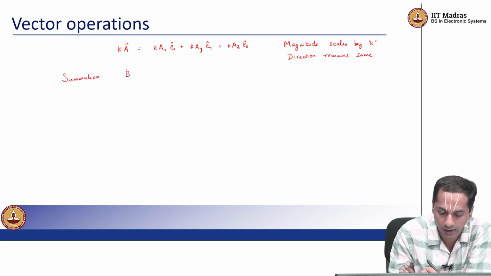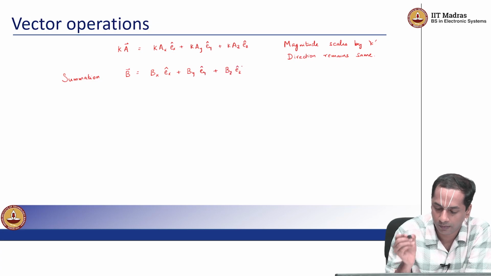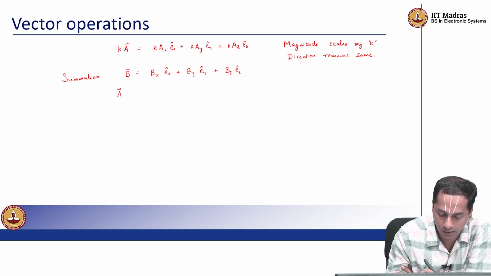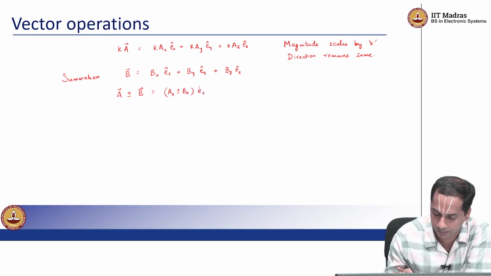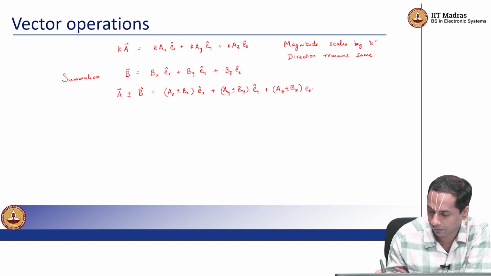So if I have a second vector B given by Bx ex plus By ey plus Bz ez, then I can add or subtract these vectors by just looking at their individual components and adding or subtracting them, right?